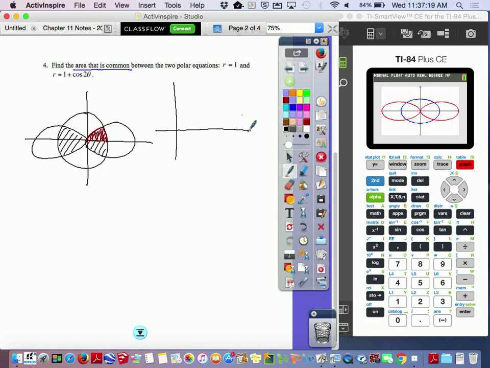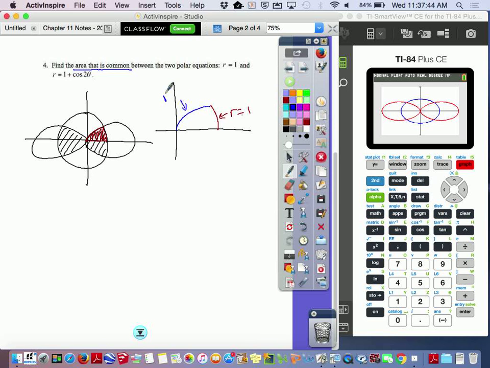Okay, so what we have here is the circle, which is r equals 1. That's coming up like this. So this is our circle, r equals 1. Then we have this other function, 1 plus cosine of 2 theta. I'll do that in a different color. That's coming up here.